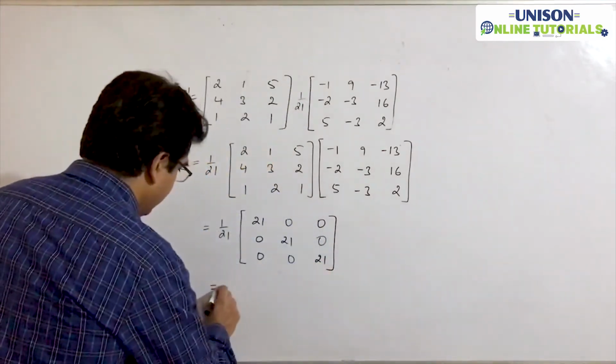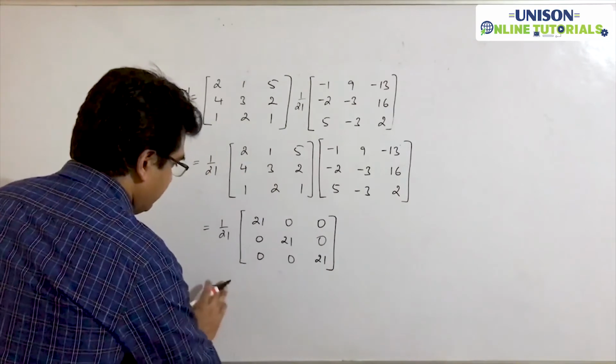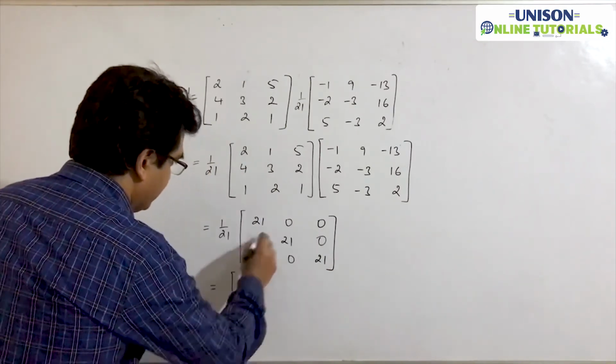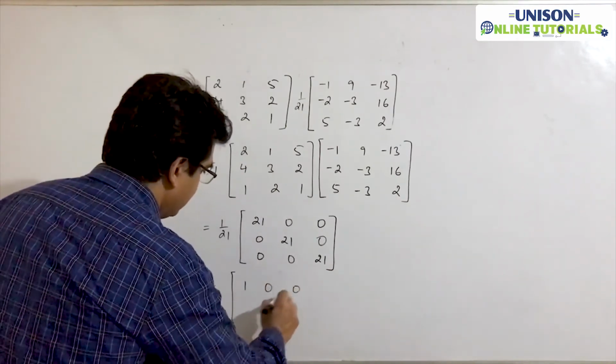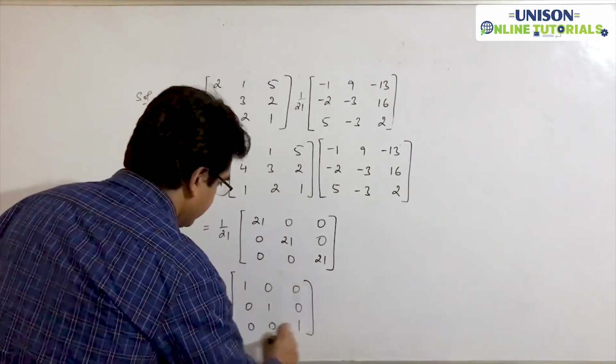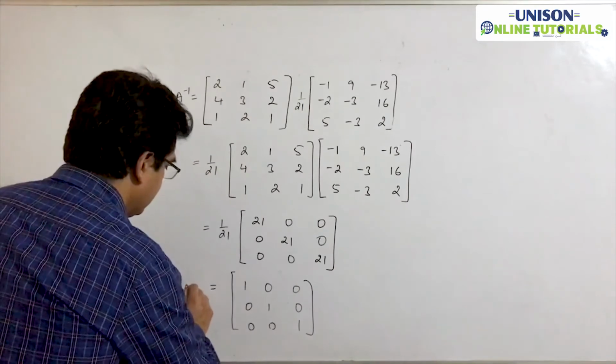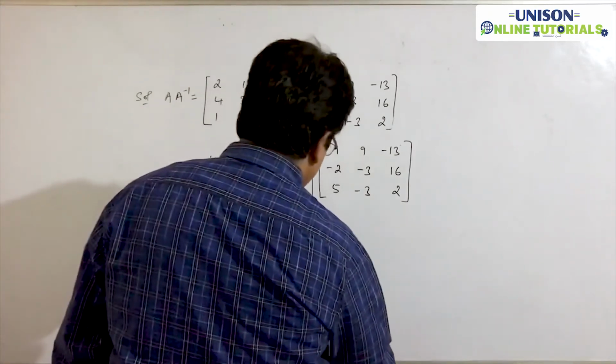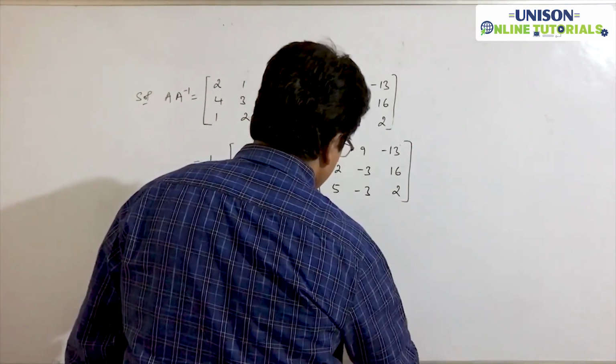So 1 by 21, अब हर एक टर्म को 1 by 21 से मल्टीप्लाई करेंगे. 1 0 0, 0 1 0 and 0 0 1, which is equal to I. So A into A inverse is equal to I.